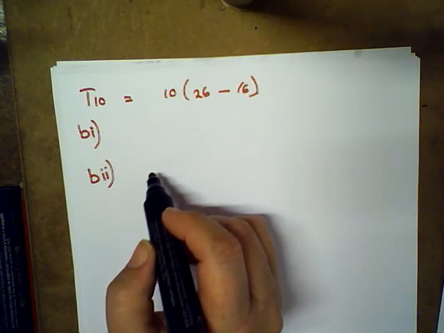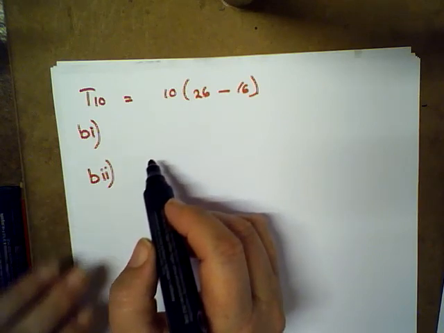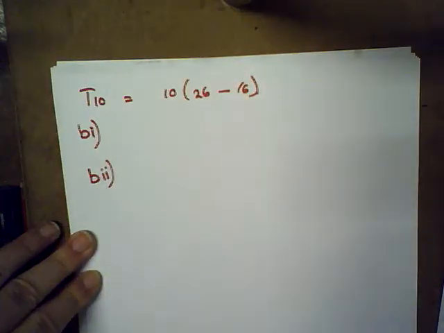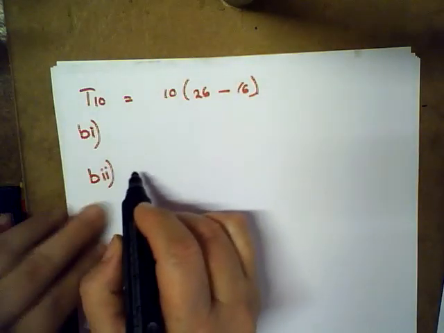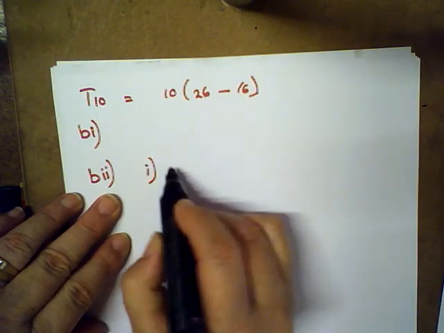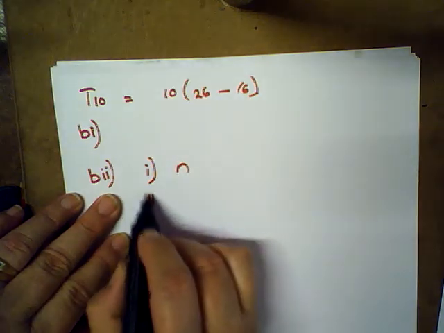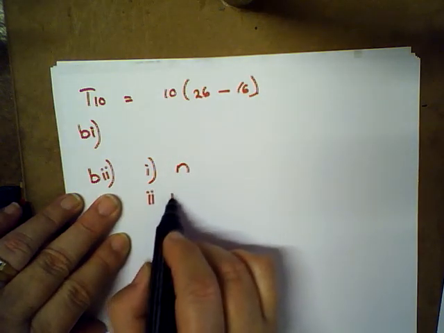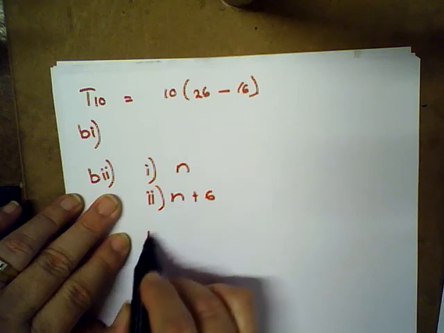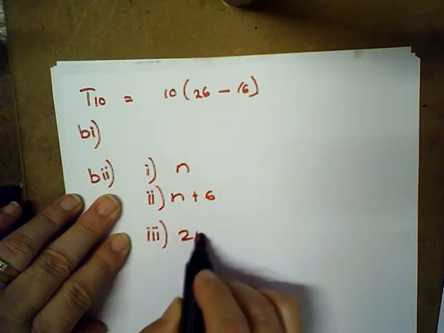What about what we've written down on the previous one? Sequence 1 is n, from the previous question. Sequence 2, we said was n plus 6. Sequence 3 is 2n plus 6.